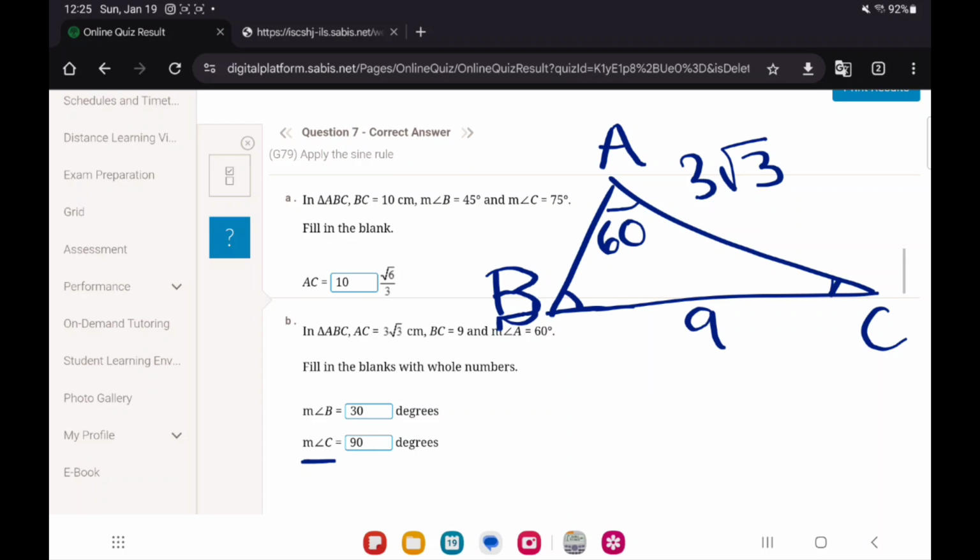I only advise you to do the angle sum theorem to find angle C, because some people might do the sine rule again. You don't need to do all that. We have 30 and we have 60. We know a triangle is 180. So 180 minus 30 minus 60 equals 90, and that's literally this angle here. So the answer is 90.